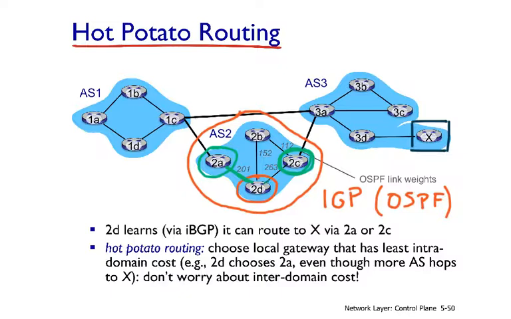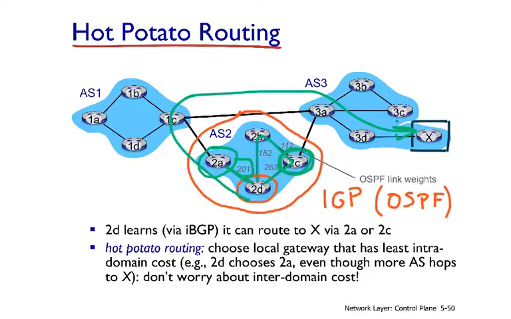The direct link cost is 263, and if we go from 2D to 2B to 2C, we have a cost of 264, which is bigger than this cost, so we exit through this node in order to reach the destination.